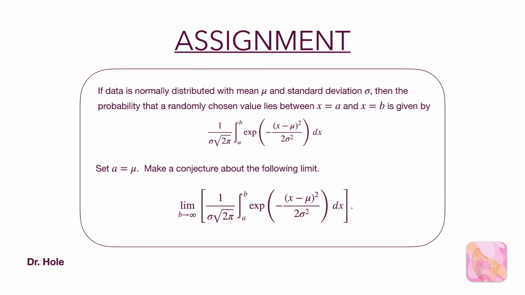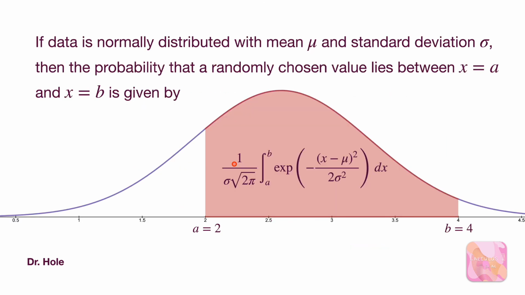First, before we get into that, here's a nice assignment. If we use this notion that the definite integral is the area under the curve, but that in a probability setting, it can be interpreted as the probability that a randomly picked value from a set of data will take a value between, for example, 2 and 4.